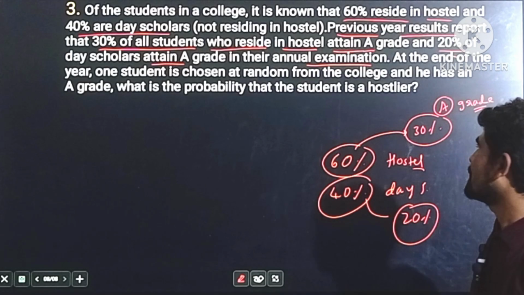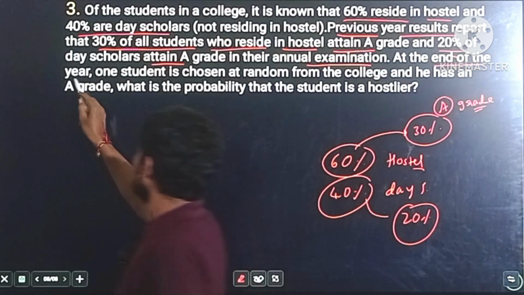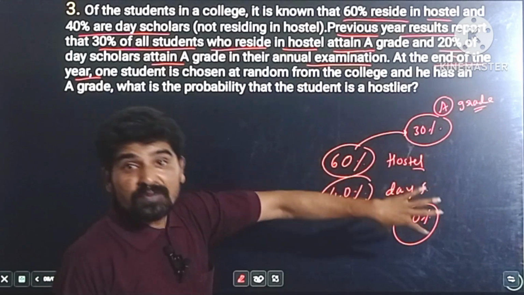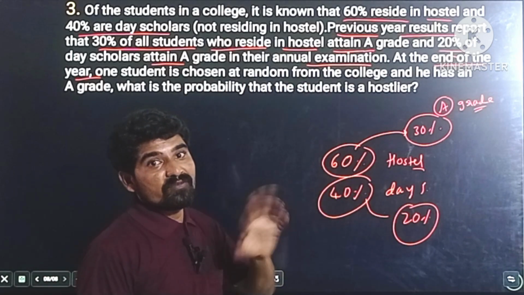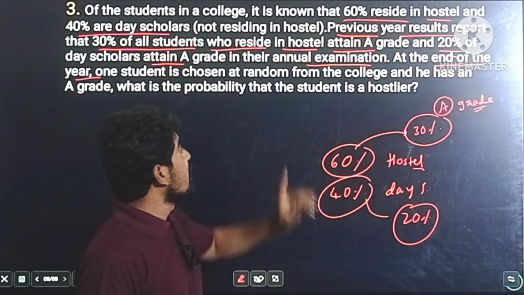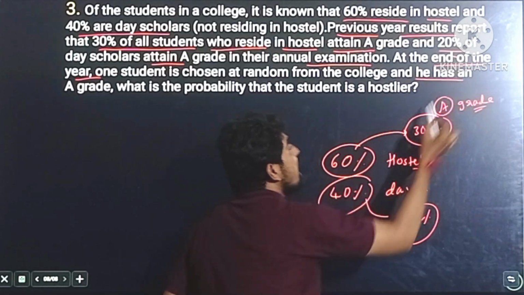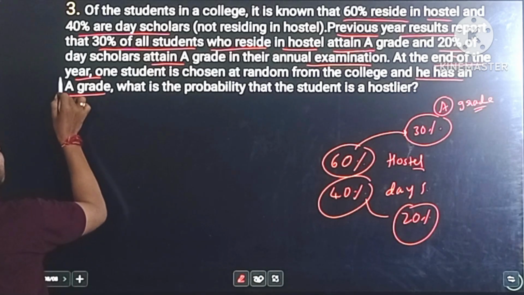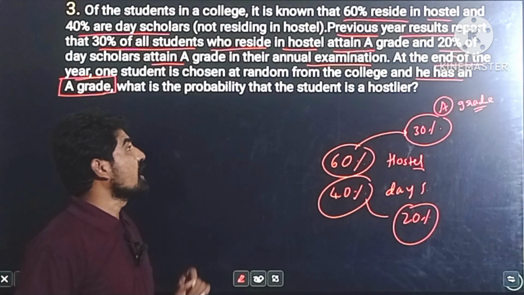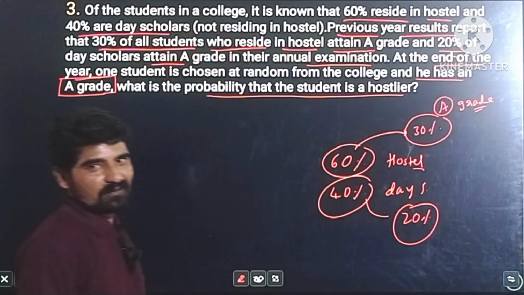The question is: at the end of the year, one student is chosen at random from the college, not from the hostel. From the college means in that college there exist hostelers as well as day scholars. From the college one student is chosen and he has an A grade. We need to calculate the probability that the student is a hostelier.